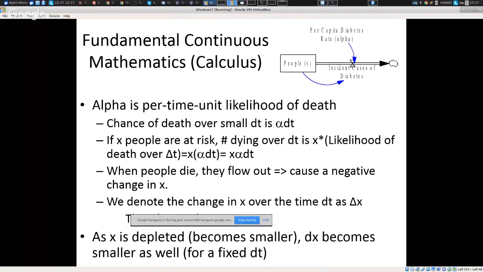Does it matter how long I've been in that stock? This is key. No, it does not matter how long I've been in the stock. I have the same chance for the next little bit. Conditional on still being in the stock, I have the same little chance. Then why is it that this drops so quickly at first?